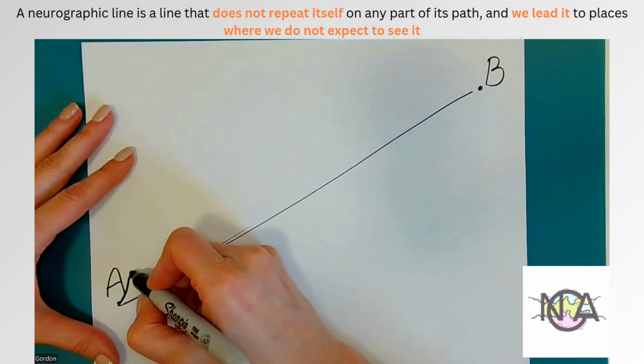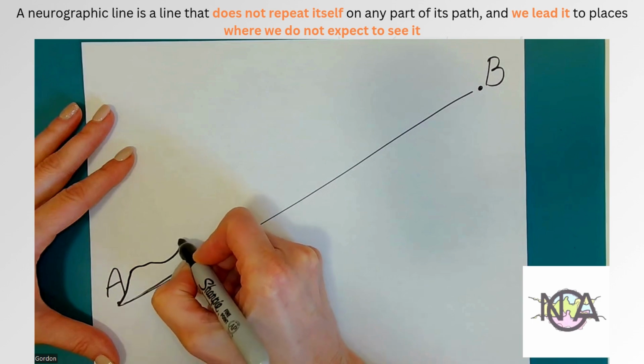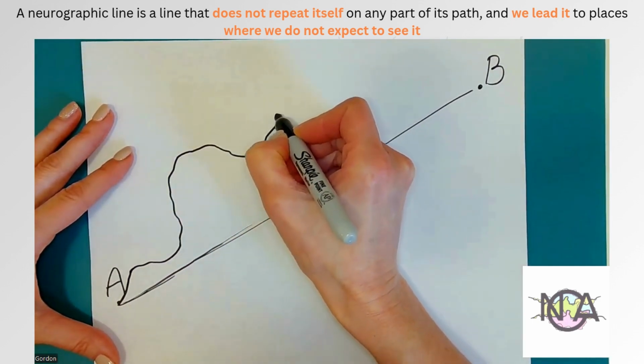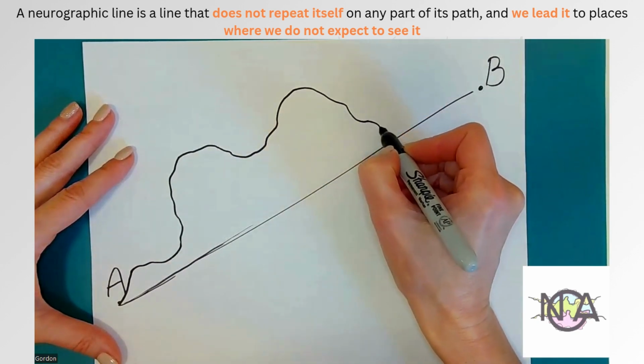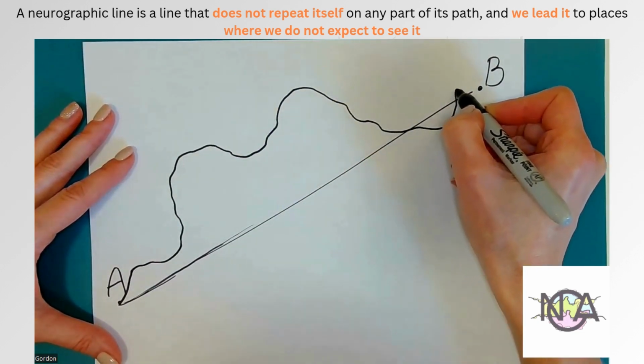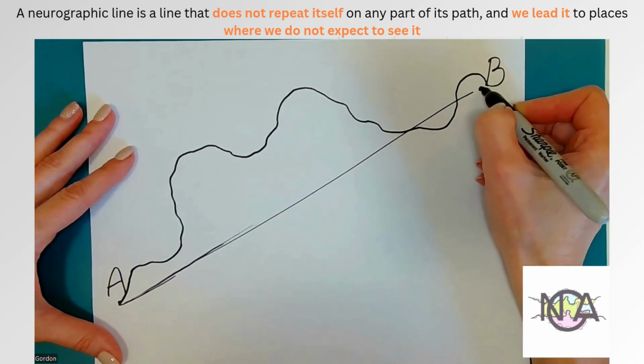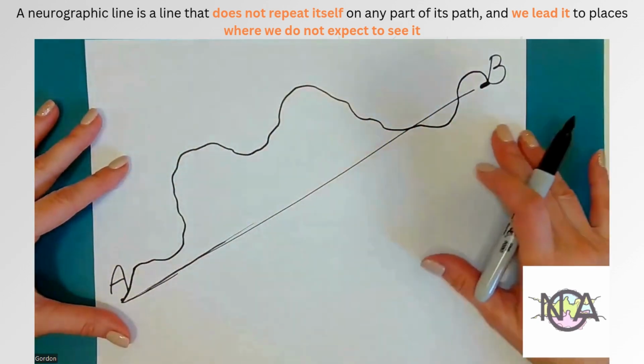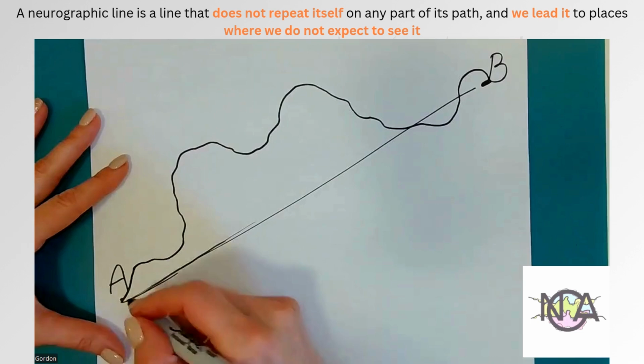So to make this happen, we always allow our hand to explore the page, go to the different unexpected places, and then come back to the point B. So this is the example of neurographic line.